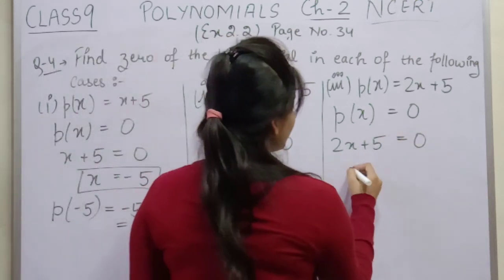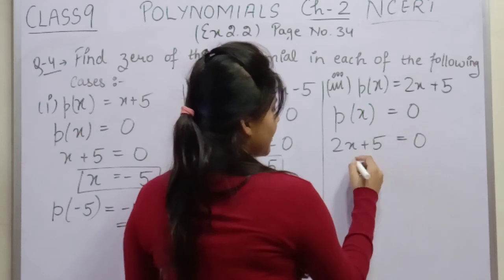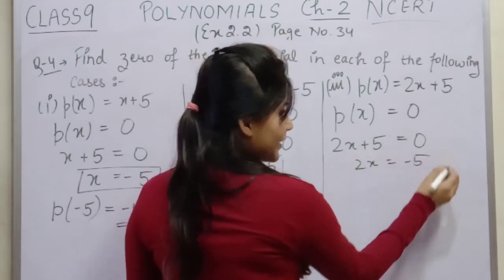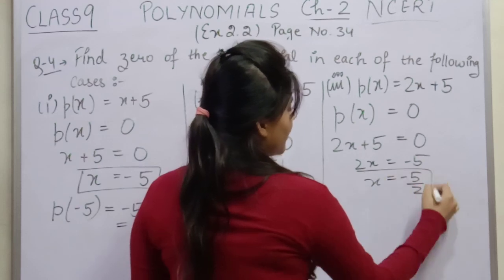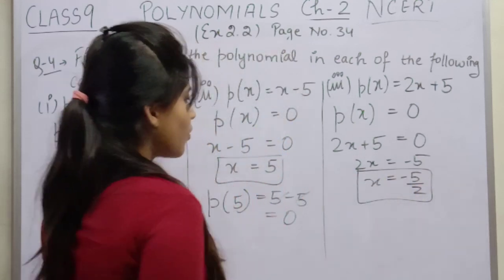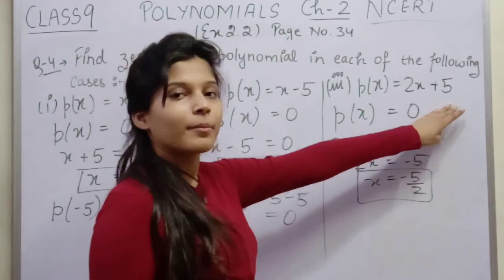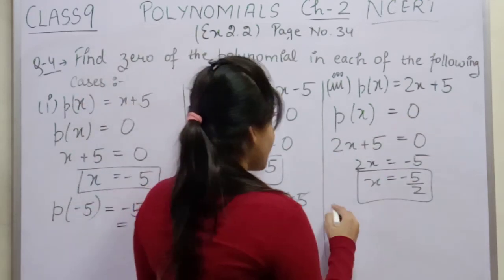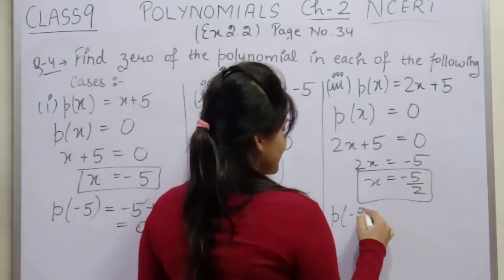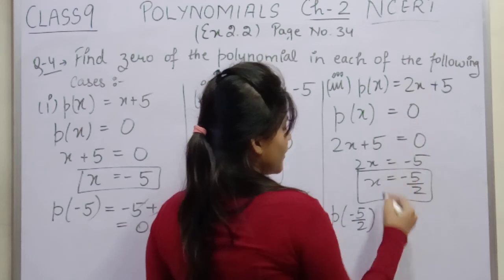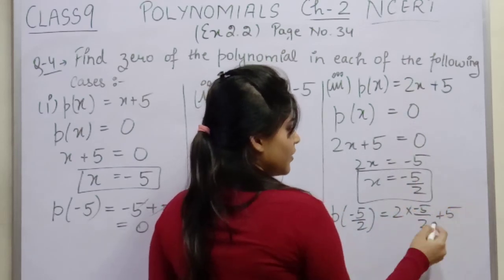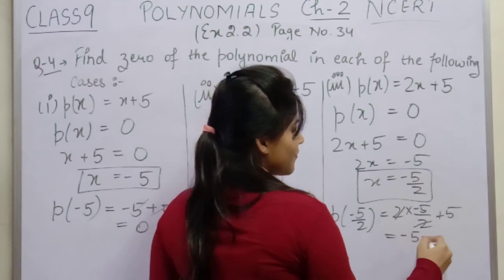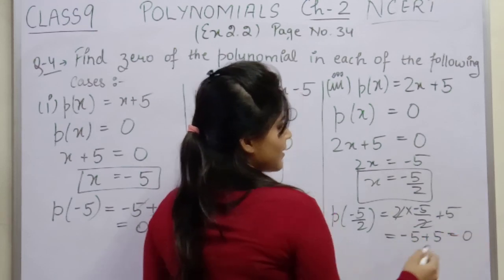So for the value of x, first 5 will be transposed, that will become -5 and then 2 will be transposed, -5 upon 2. So at this value, this polynomial will be 0. How? Let's check. p of x is -5 upon 2 equals 2 into -5 upon 2 plus 5. 2 cancels 2, -5 plus 5 is 0.